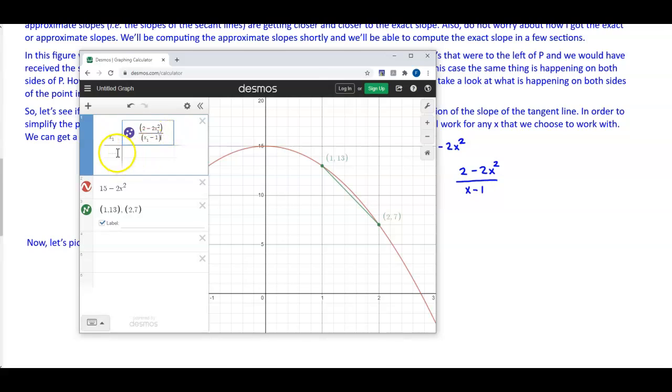Now we have our point at 1. We're going to look at the points going from 2 to 1, and then the points on the left going from 0 to 1. So let's start with 2.